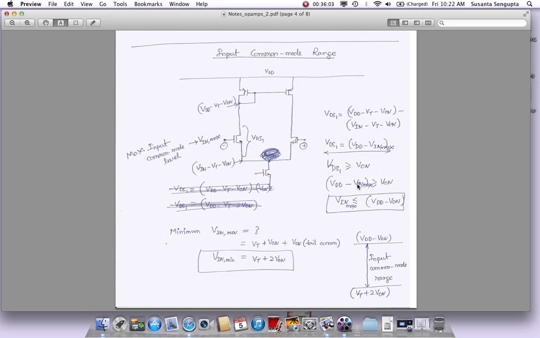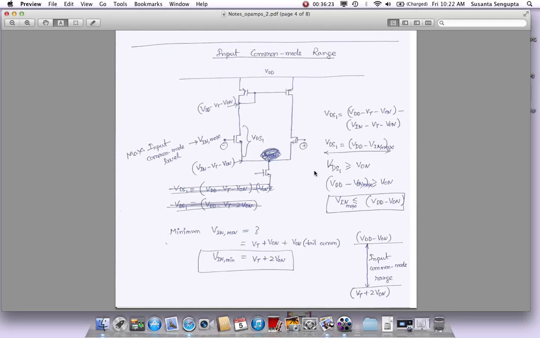From here you will get that the V in max, the maximum common mode level I can go up to, is actually a V on away from VDD, which is great. So what that tells you is you can take this voltage almost to VDD. Almost. How much away from VDD? By an amount of V on, to ensure that we maintain a V on here.